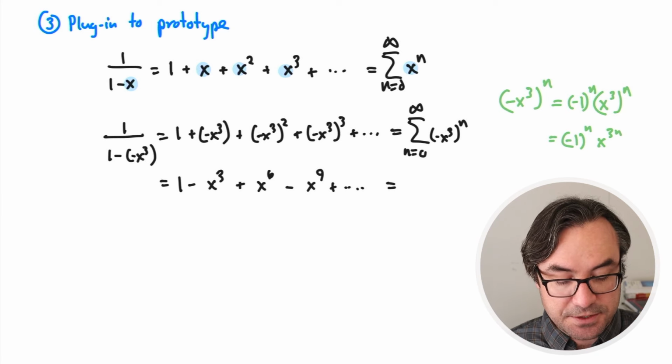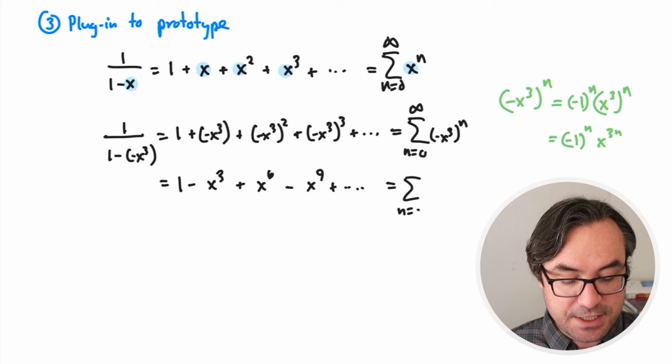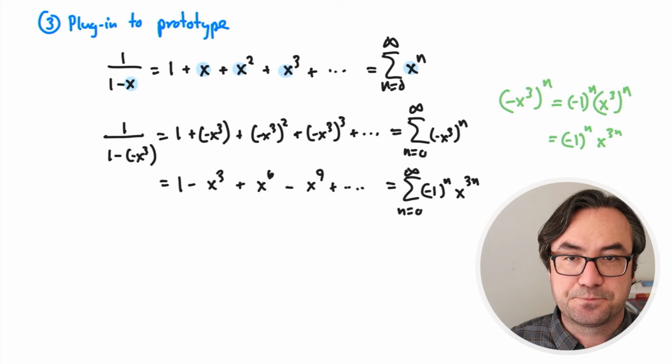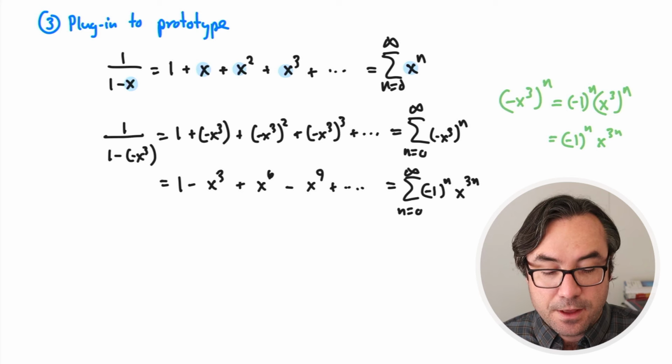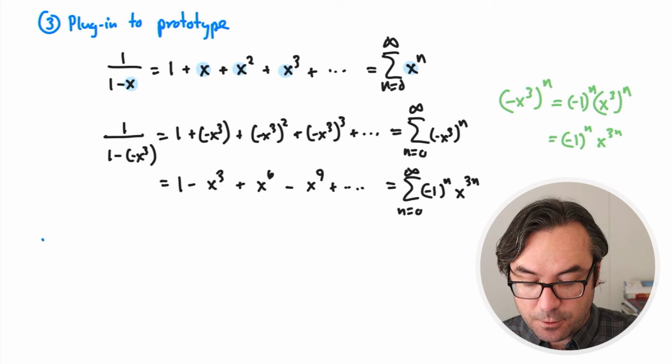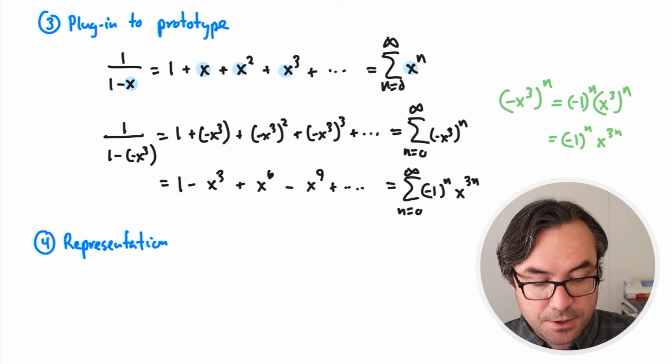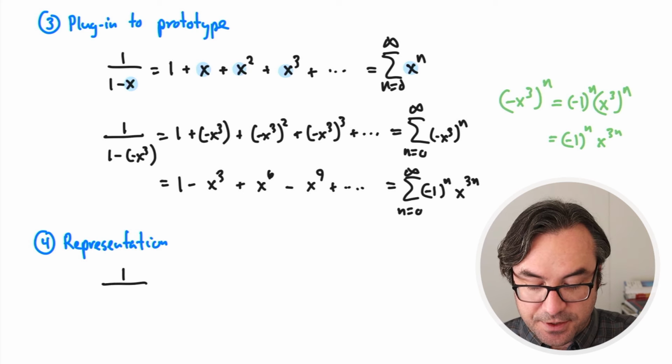So now we have our nice power series representation. We have negative 1 raised to the n, and then x raised to the 3n. And this gives us our representation. So now we have a way to think about this function 1 over 1 plus x cubed.